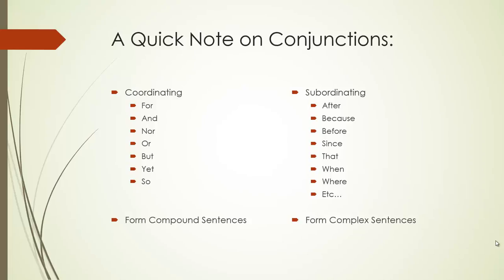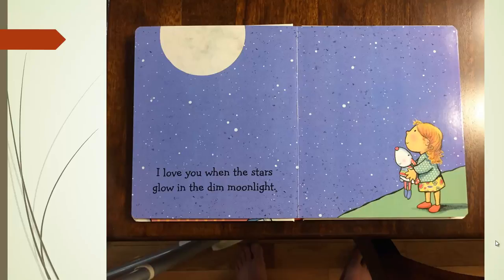You love me, subject, verb, object, connected with and. Subordinating conjunctions like after, because, before, there's a whole list of them, form complex sentences, and those clauses are subordinate to, they're dependent upon the information that's in the independent clause. Okay, so these are sorts of words that you'll be looking out for as we move through our videos.